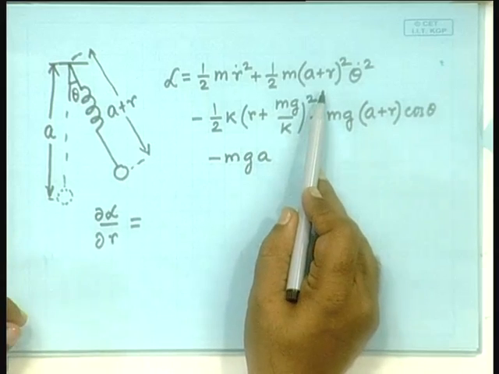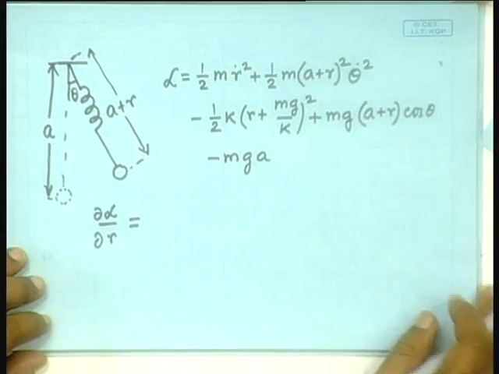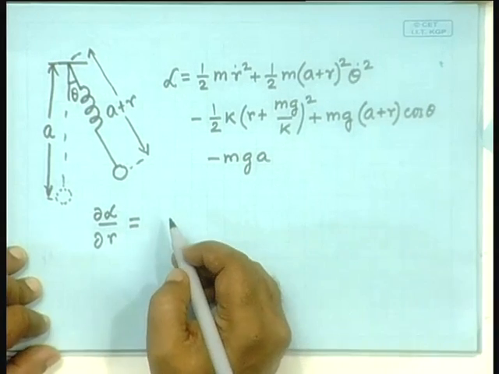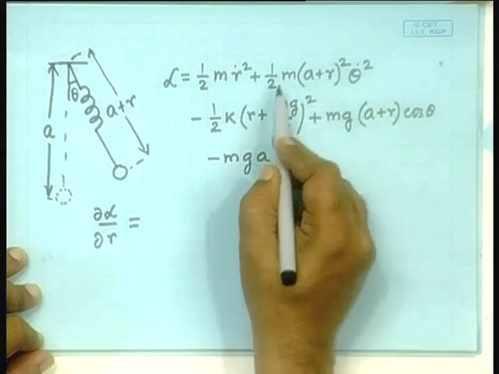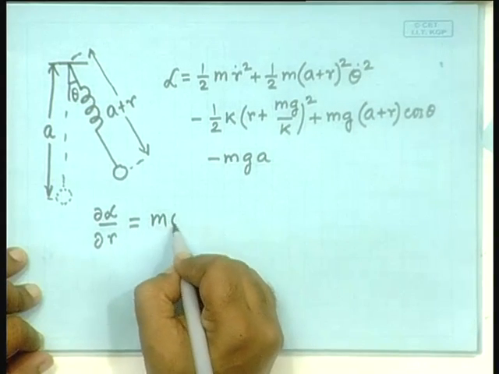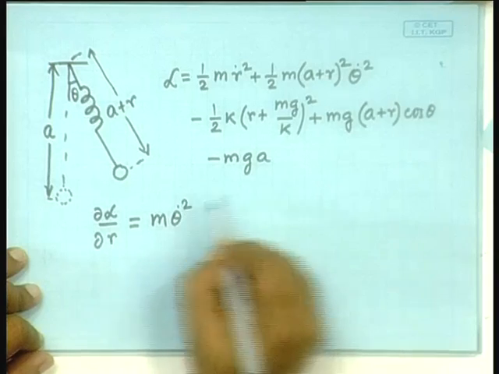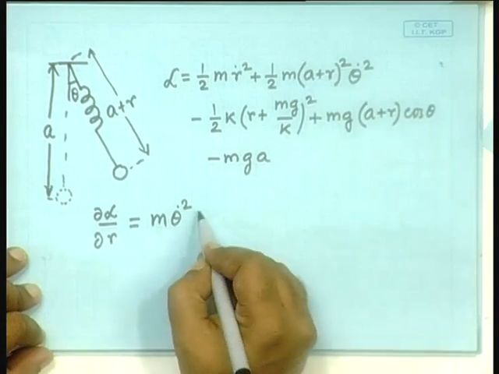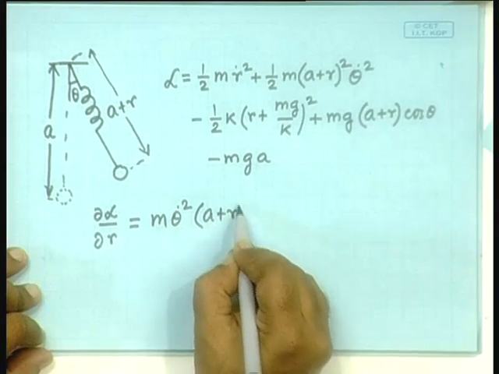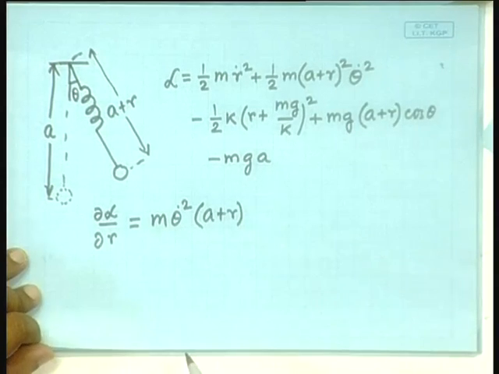So, how do you do it? You write it carefully. 2 comes forward, so it is m theta dot square a plus r differentiated, so it would be a plus r.